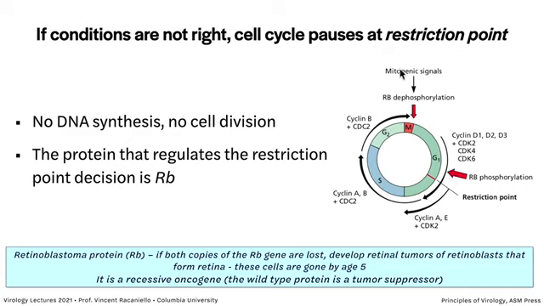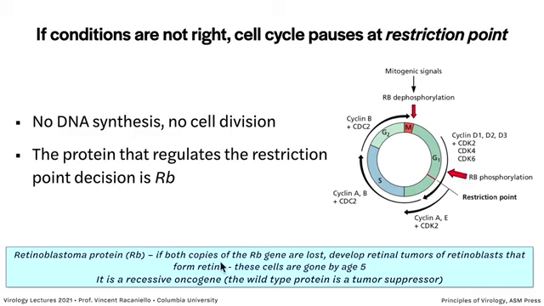So we have mitogenic signals at the top here that drive it through, but there's one more checkpoint, and that's determined by RB phosphorylation. The protein that controls that is RB, which we have also encountered before. It regulates this particular restriction point. In fact, it's involved in both controls, as you'll see in a moment.